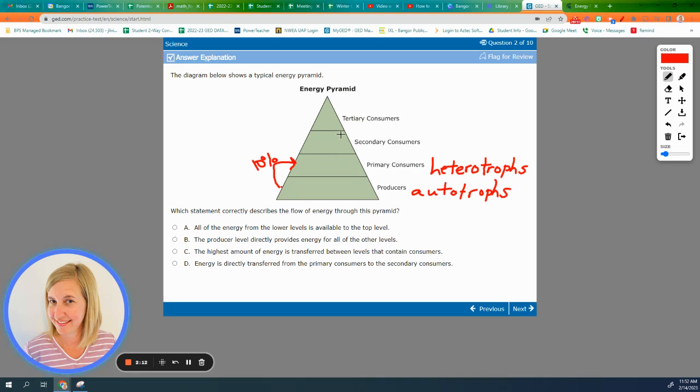Then when a secondary consumer comes along and eats a primary consumer, again there's a loss of energy, and only about 10% of the energy from the primary consumers gets stored in the secondary consumers. And then, of course, the tertiary consumers come along and eat the secondary consumers, and there's a loss of energy again. And so the pyramid is a visual way of representing that as we go up to each level, there is less and less energy available.